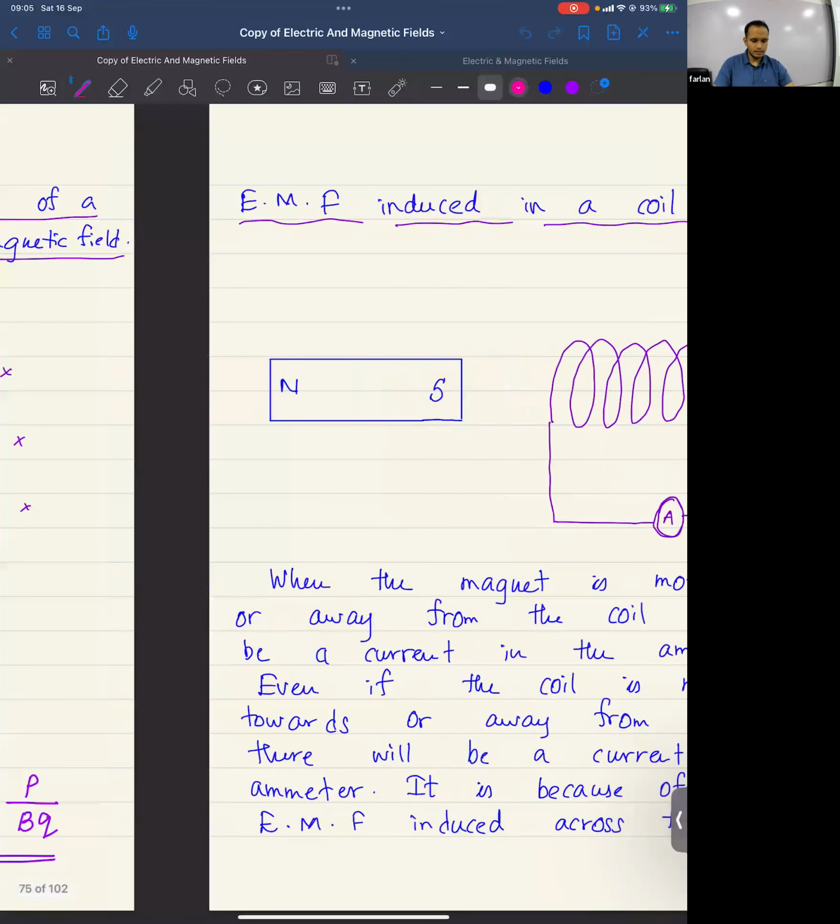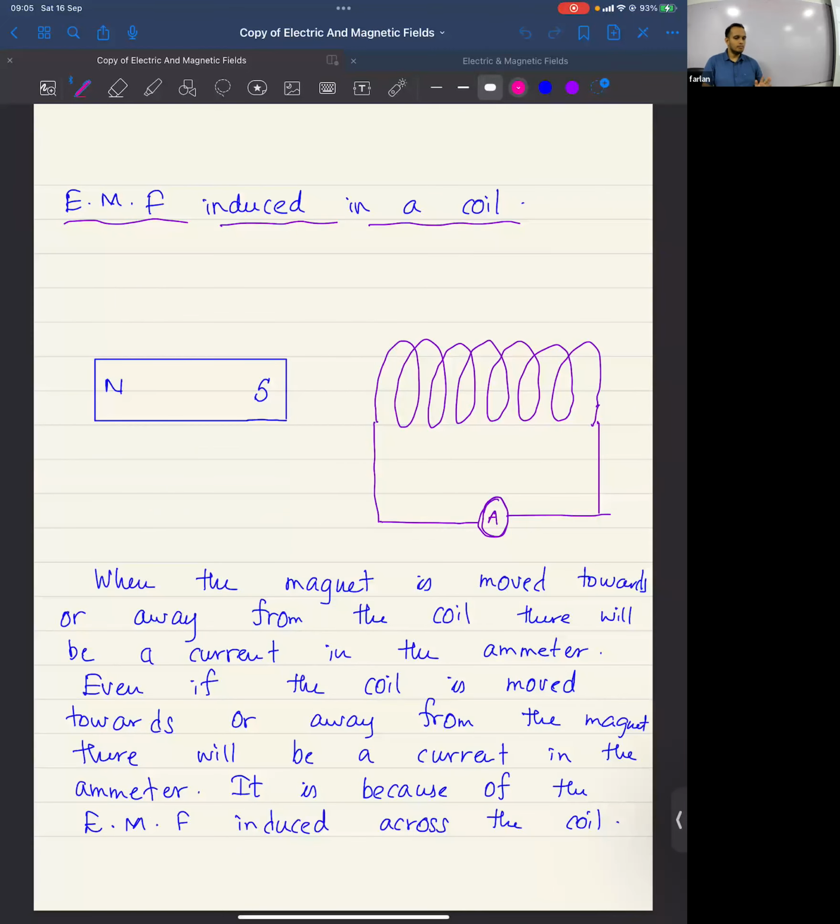You have already written the subtopic, I guess. EMF induced in a coil. Is it? Induced in a coil. Correct.